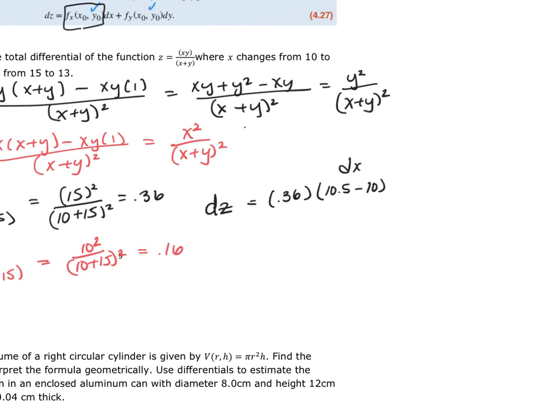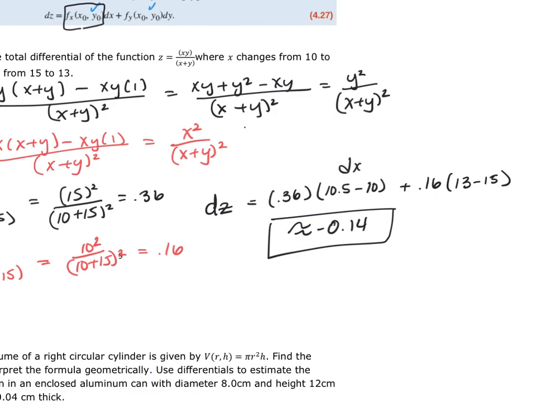So then this is going to be plus 0.16. That is my partial derivative evaluated at x naught, y naught. And then this goes from 15 to 13. So it ended at 13, but I started at 15. So when I get done, this is going to be approximately equal to 0.14, and it's going to be a negative. So that is my differential.